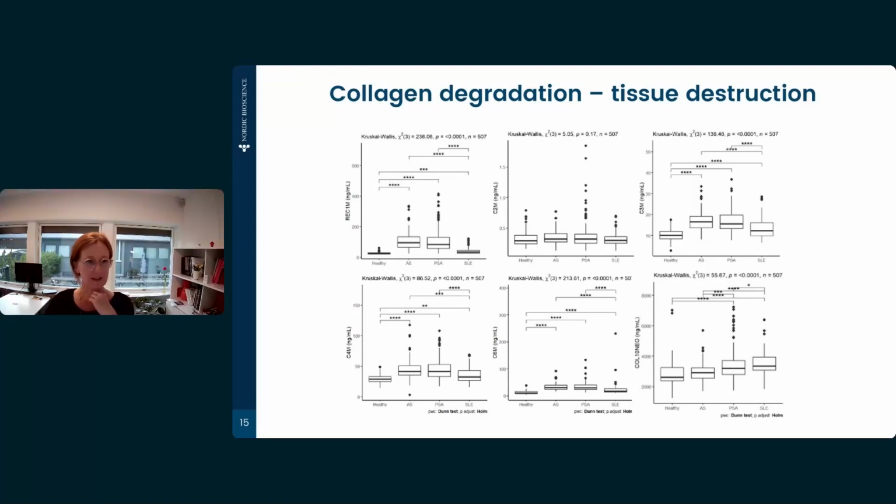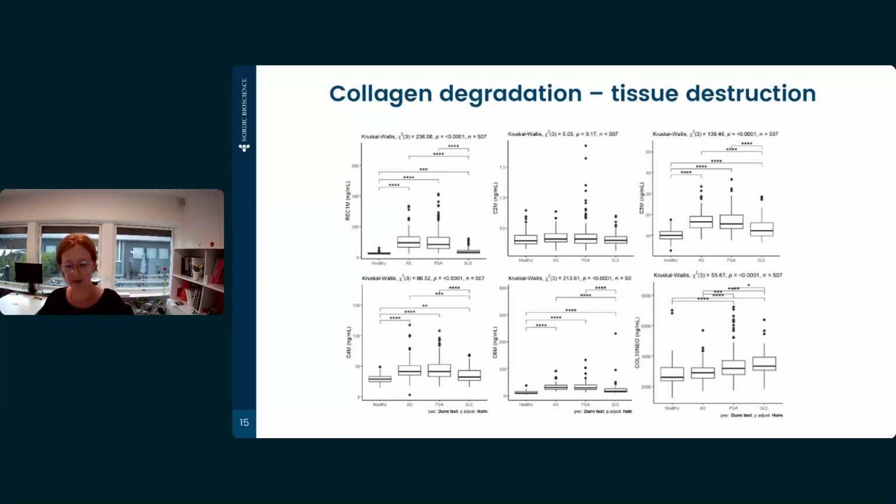On a general look, it actually looks like most of these destruction biomarkers are elevated in diseases, but we also see that diseases that we have not been successful in profiling a lot, the lupus patients for example, also show some common denominators with diseases like AS and PSA. Surprisingly, we did not see anything in the C2M, but we had a really nice signal with C3M.